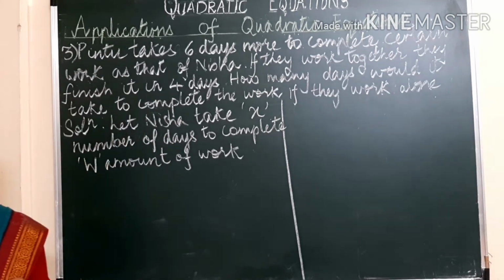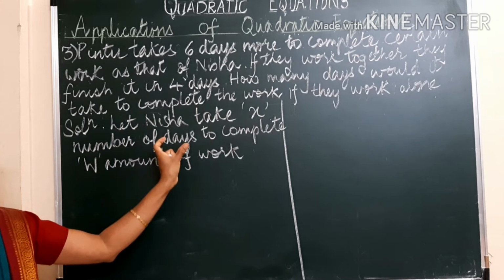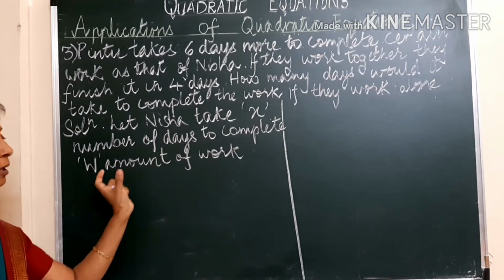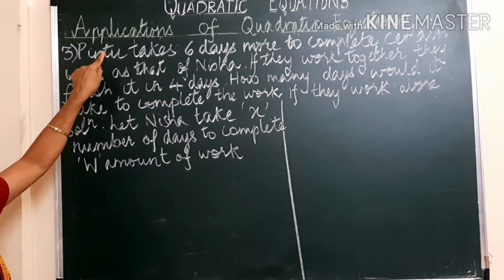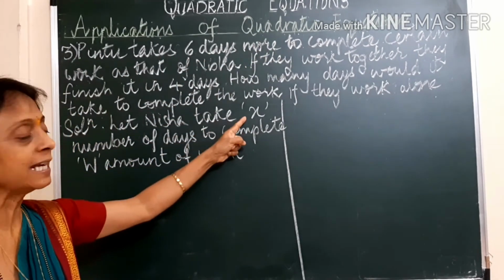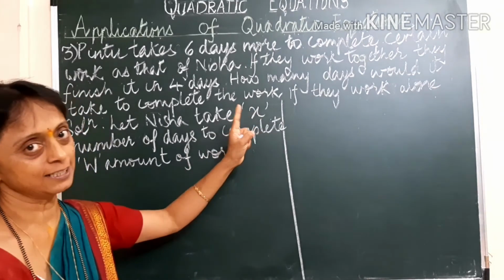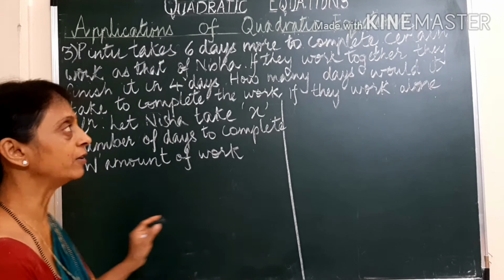Once again I repeat, Nisha takes x number of days to complete W amount of work. Now, how much will Pintu take? Pintu takes 6 days more. So it will be x plus 6 days to complete the same W amount of work.